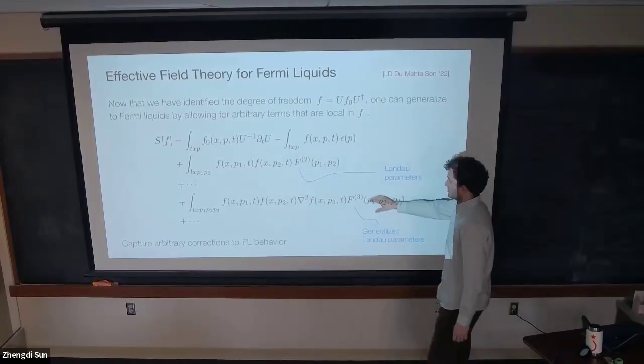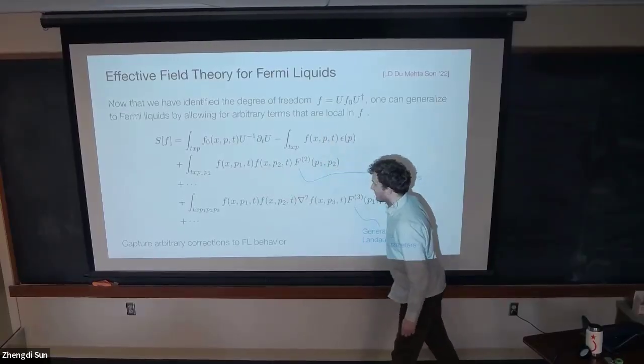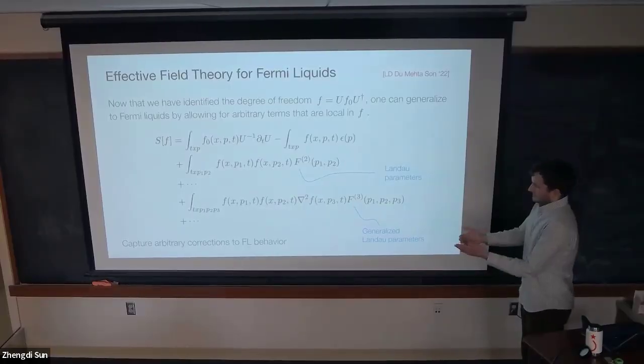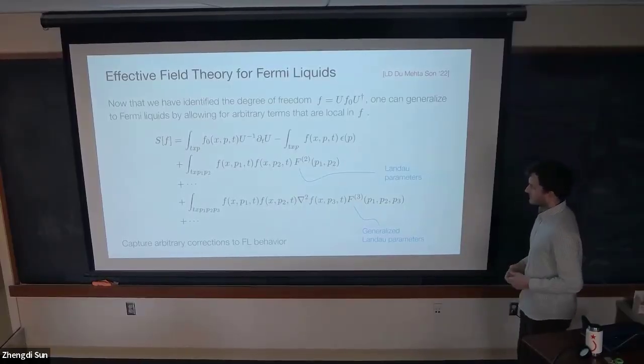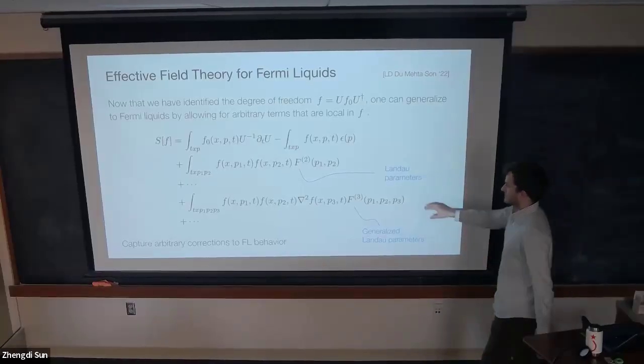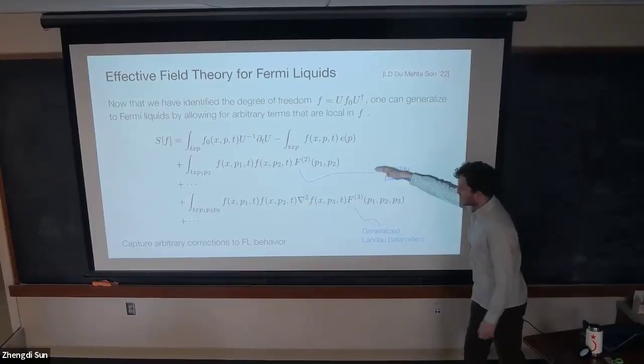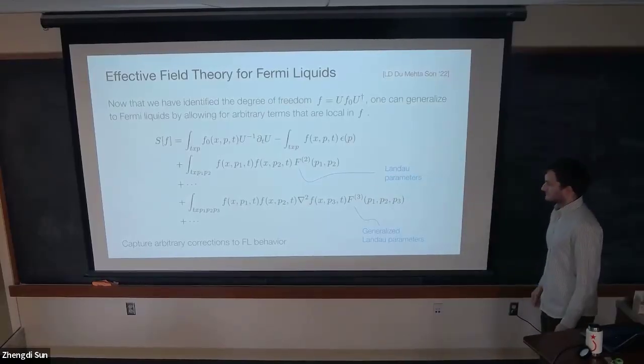And so the first kind of non-trivial terms, new terms beyond free fermion you can write down are these quadratic terms in F, which would correspond to quartic terms in the fermion language, and they tell you about forward scattering of fermions, and these are the famous Landau parameters of Fermi liquids.